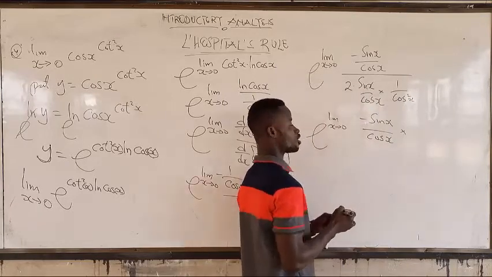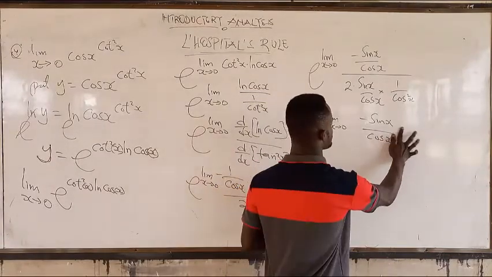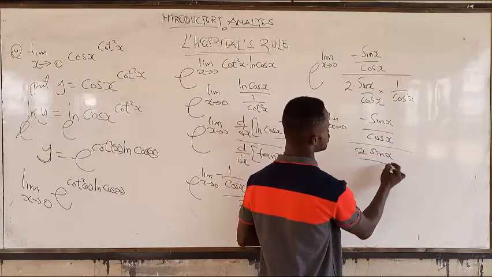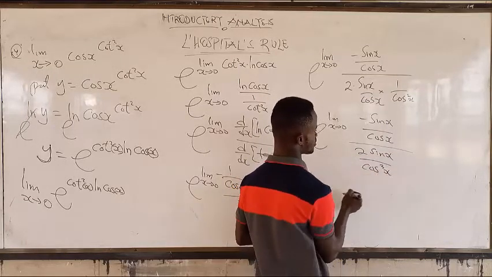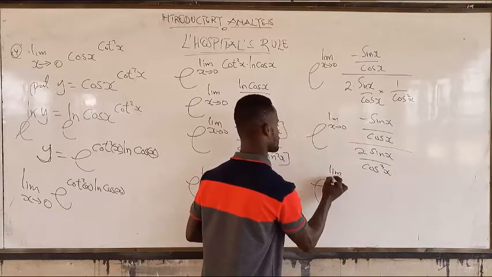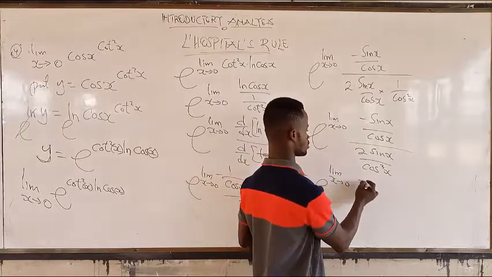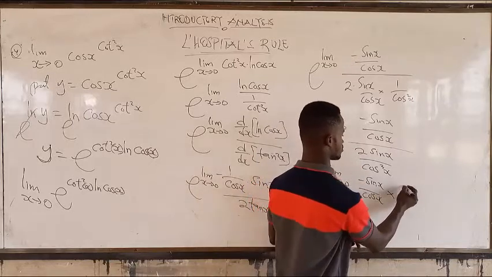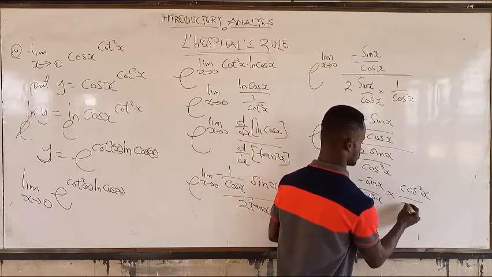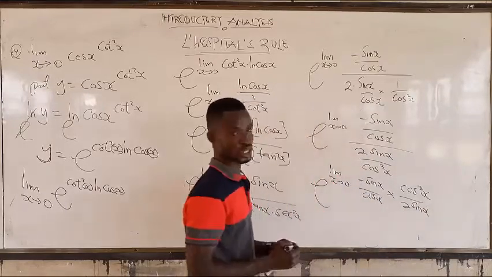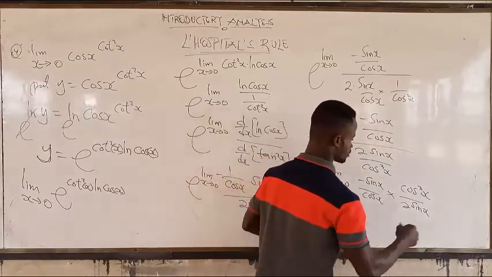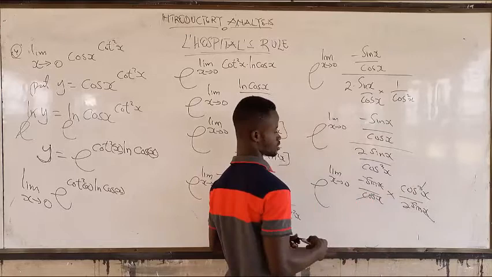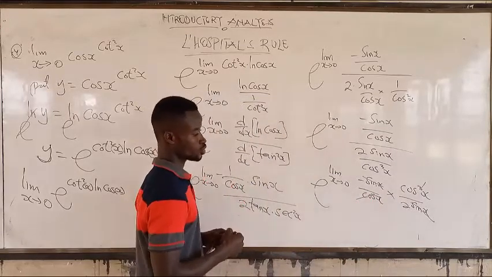Alright. Now watch. Let me bring the next part. This is the same as 2 sine x over cos to the power 3 x. So here we get, hope you can see that, this cancels this, cancels one of this.